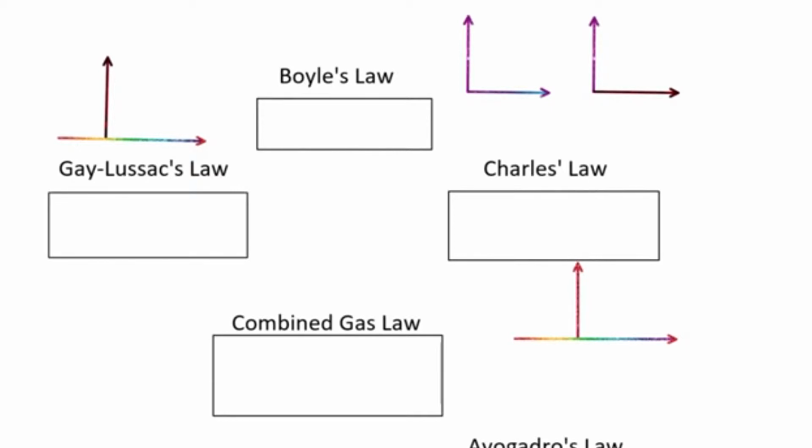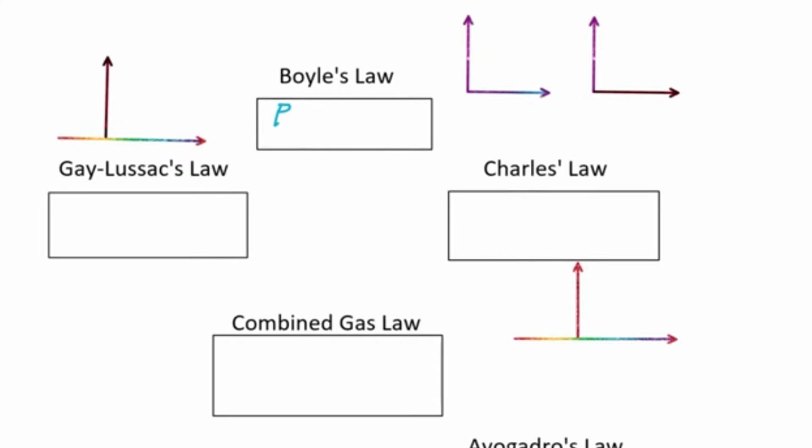So in here we're going to start off with Boyle's law, who was actually the one that brought up the relationship between the pressure and that of volume. And what he noticed is that if you increase the pressure, you actually get a decrease in the volume.